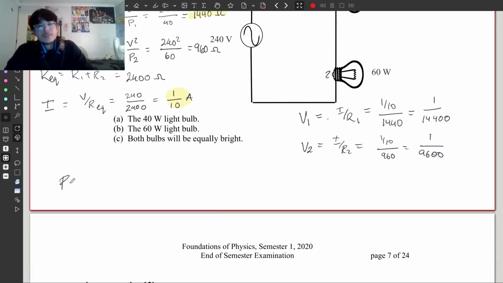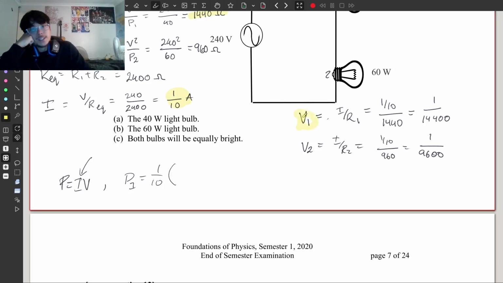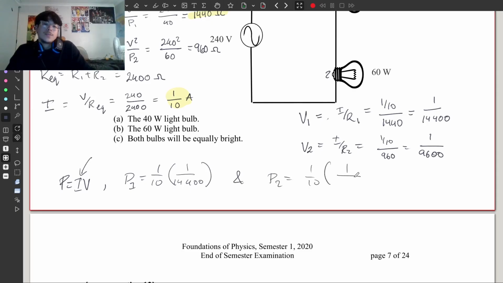And now that we have this, we can find our powers for each one. We know that power is equal to IV, and because the bulbs are in series, the current will be the same. So P1 is equal to the current, 1/10, times your voltage here, so 1 on 14,400, and P2 will be 1/10 times 1 on 9,600.